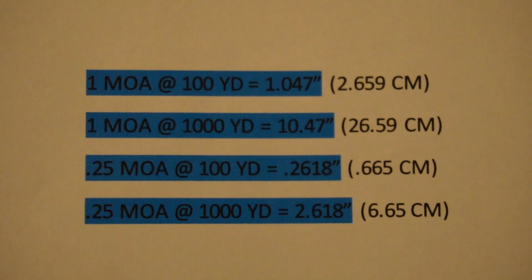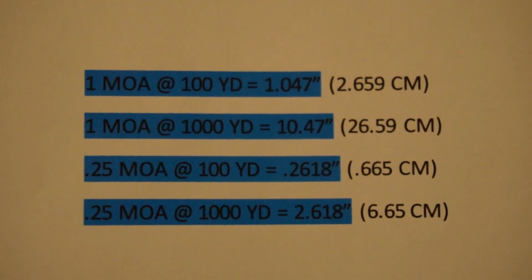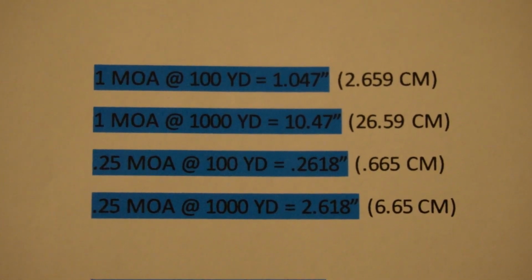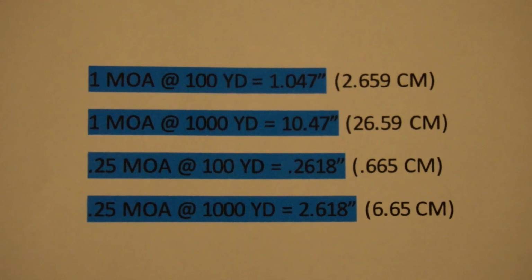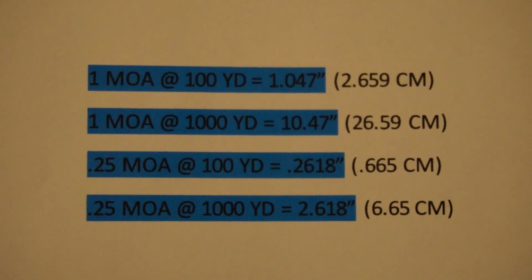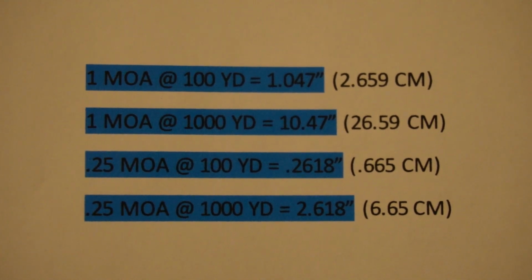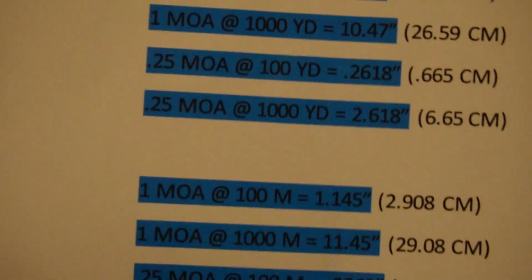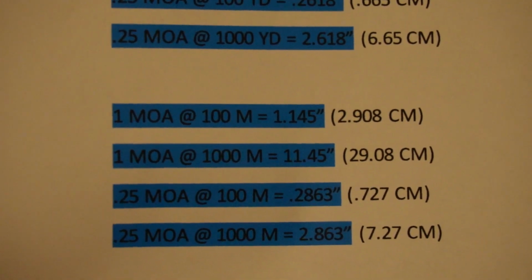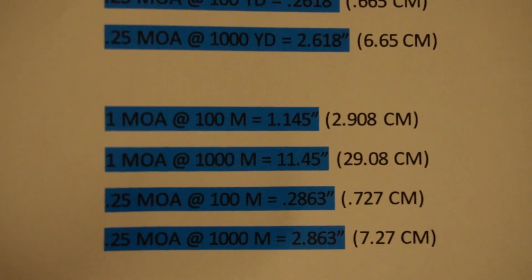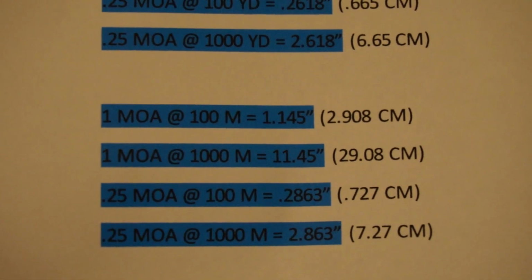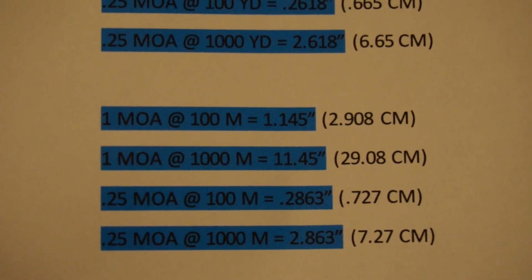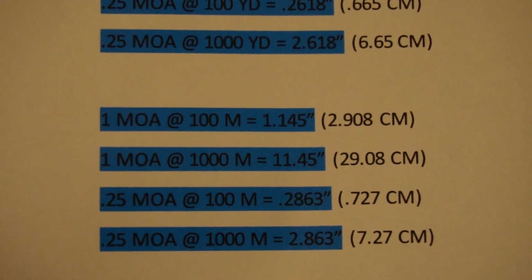So already, with minute of angle right off the bat, you've got these crazy decimal values to deal with. That complicates the math, and there's no easy conversion to centimeters either. You also have some pretty wild decimal points if you wanted to convert it to that. And if we look at minutes of angle versus meters, 1 minute of angle at 100 meters is 1.145 inches, and 1 minute of angle at 1,000 meters is 11.45 inches.